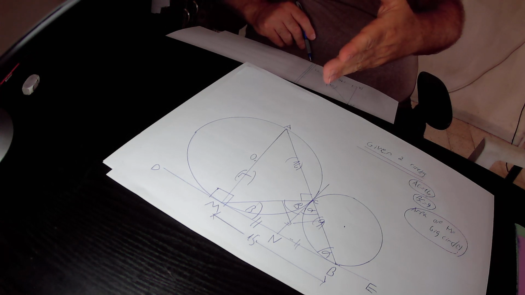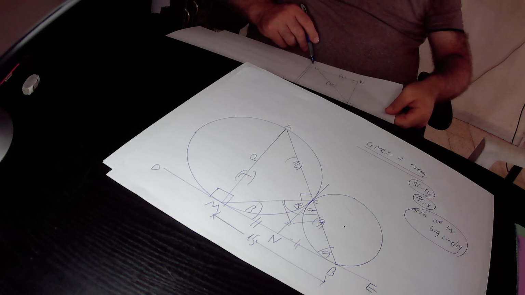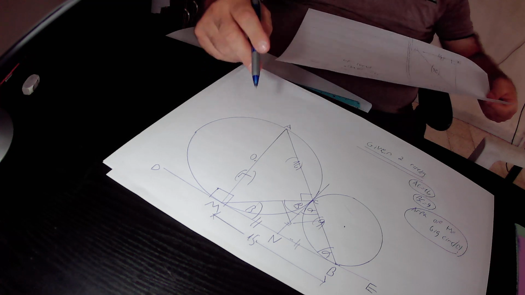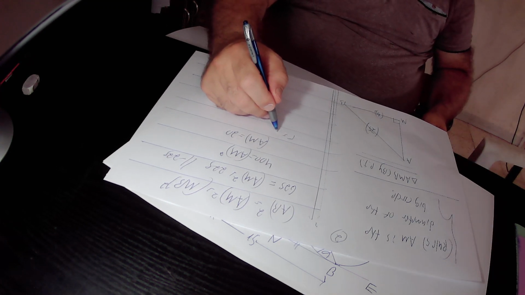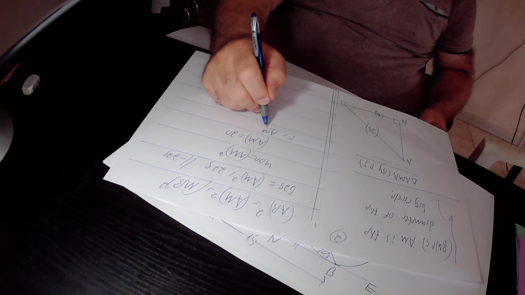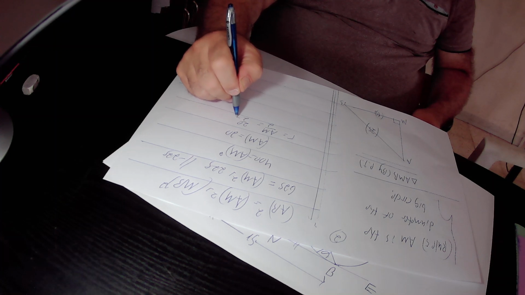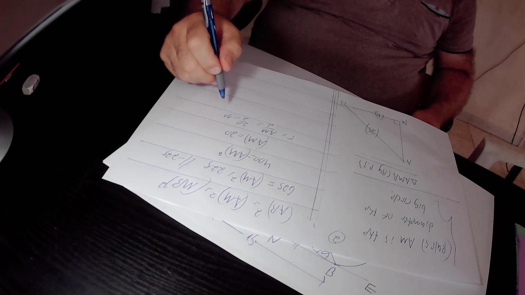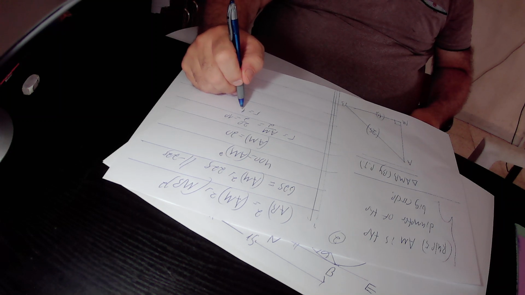If the diameter AM is 20, the radius must be half of it. So the radius R of this big circle must be equal to the diameter AM over 2. The diameter AM is 20 and 20 over 2 is 10. So in total we found out that the radius R of the big circle is equal to 10 units in its length.